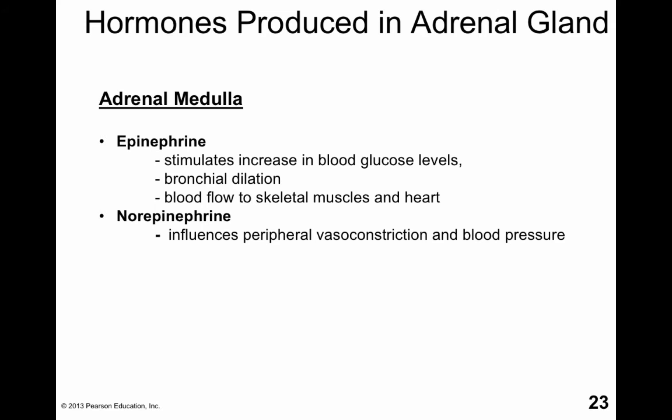It helps with bronchial dilation and increases blood flow to skeletal muscles and heart. Norepinephrine is going to influence peripheral vasoconstriction, so the reduction in the diameter of blood vessels and blood pressure, right? And so this is important in the idea of fight or flight.